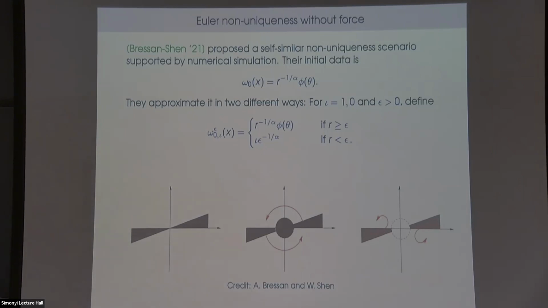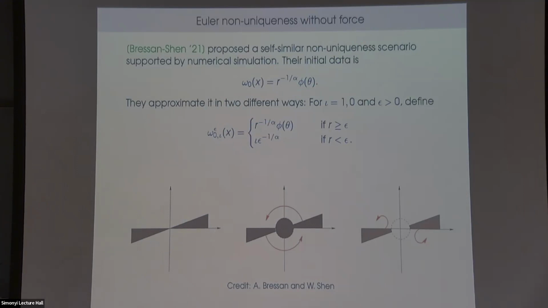And so Brisson and Shen proposed some self-similar initial data of a very particular form. It has a singularity at the origin, like r to the minus 1 over alpha, and alpha here we think of as taken close to 0, so that the solutions will be nearly bounded. Then on the sphere, this function phi, you make it look like this.